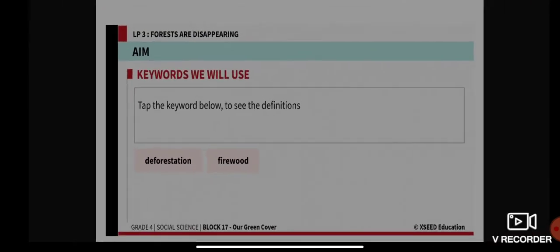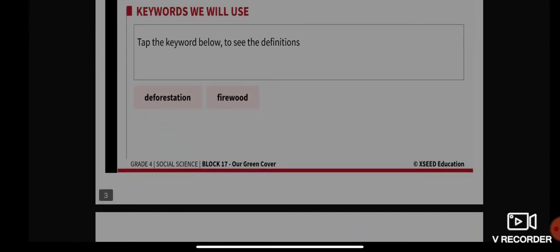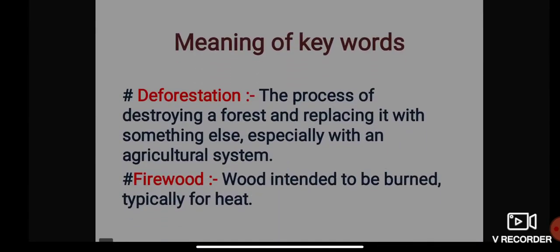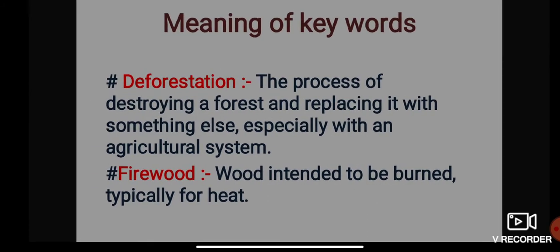Alright, the key words for today are deforestation and firewood. I hope you all know, but let me explain to you. In simple meaning of the term, deforestation means the process of destroying or cutting down a forest and replacing it with something else, especially with an agricultural system.